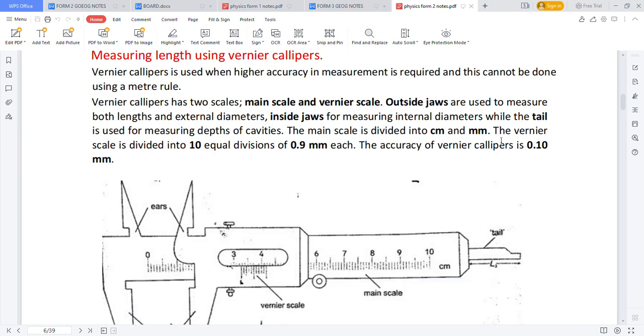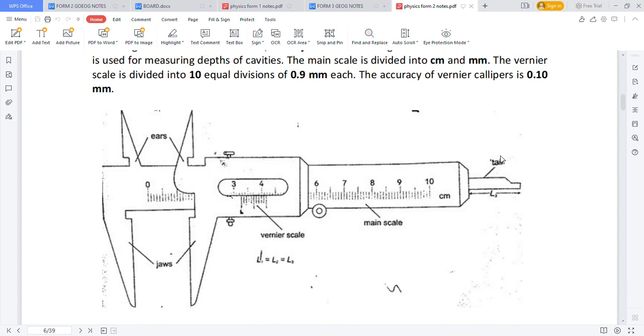Inside jaws are for measuring internal diameters, while the tail is used for measuring the depths of cavities. The main scale is divided into centimeters and millimeters. The vernier scale is divided into 10 equal divisions of 0.9 millimeters each. The accuracy of vernier calipers is 0.10 millimeters.